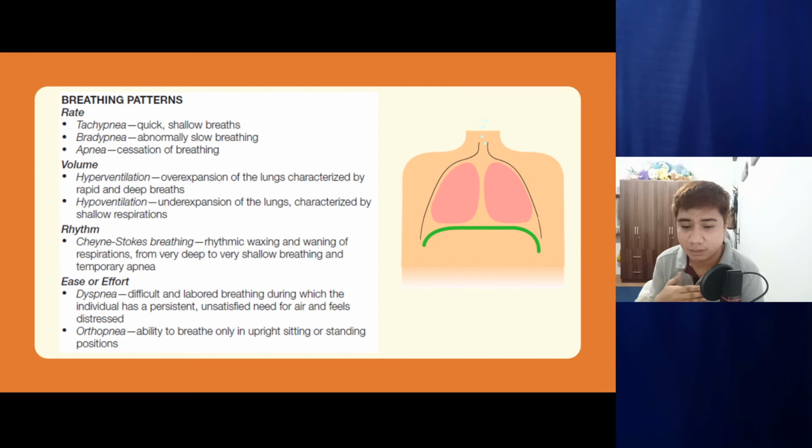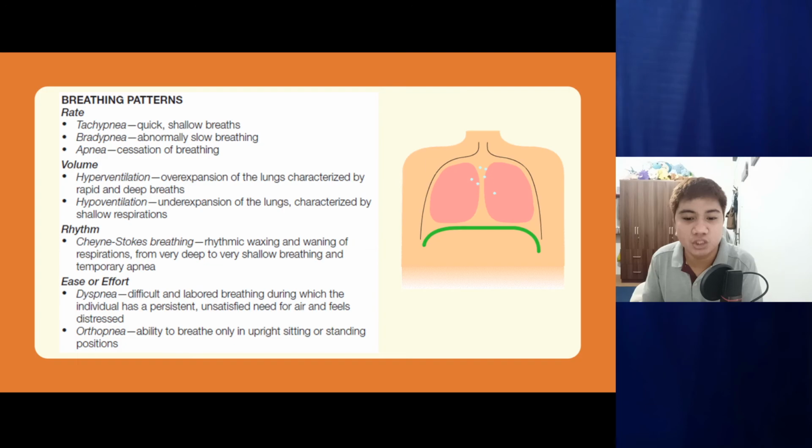And for the rhythm, the pattern of breathing, we have your Cheyne-Stokes. When we talk about Cheyne-Stokes, there is rhythmic waxing and waning.